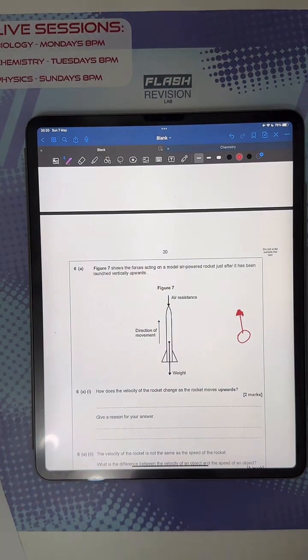Loads of people make a mistake here. What happens to the velocity? Some people are saying increase, some people are saying decrease. So yeah, it's definitely not staying the same. Yeah, more people are saying decrease. Thank you. It is decrease.